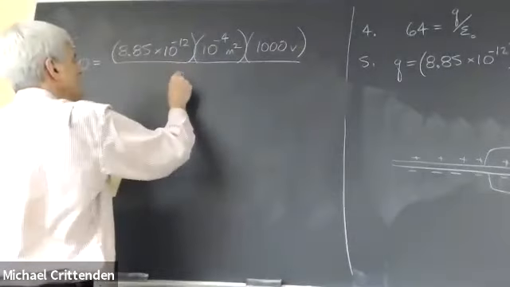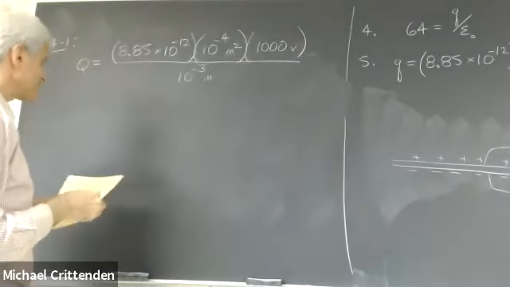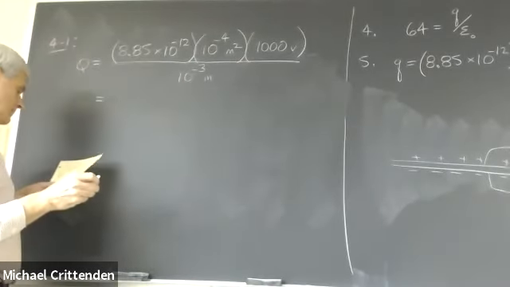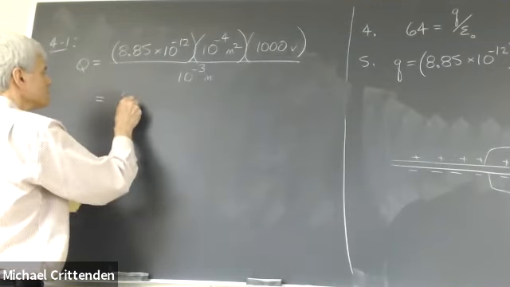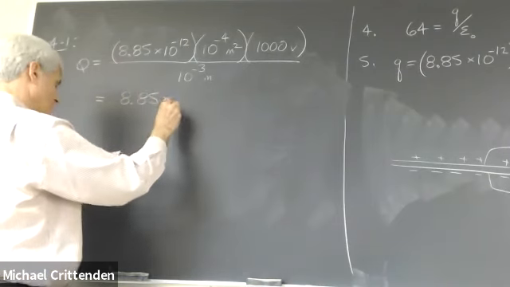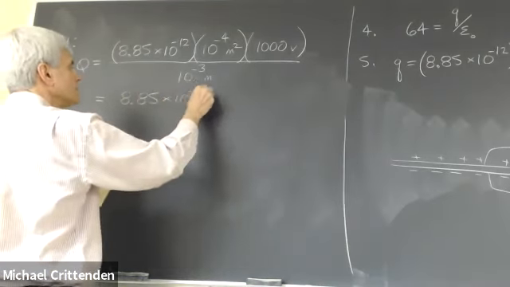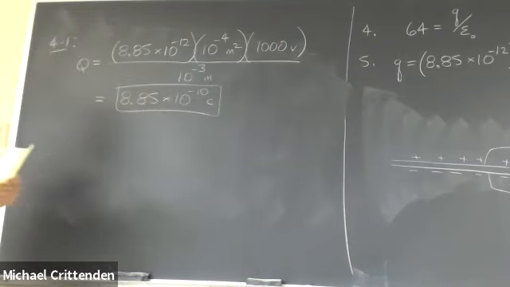A millimeter is 10 to the negative 3 of a meter. So the answer is 8.85 times 10 to the negative 10 coulombs. Positive that much on one plate, negative that much on the other.